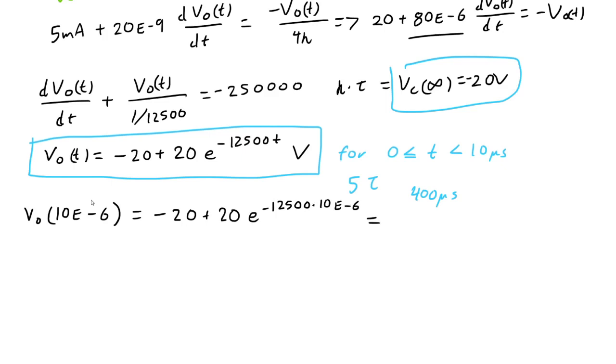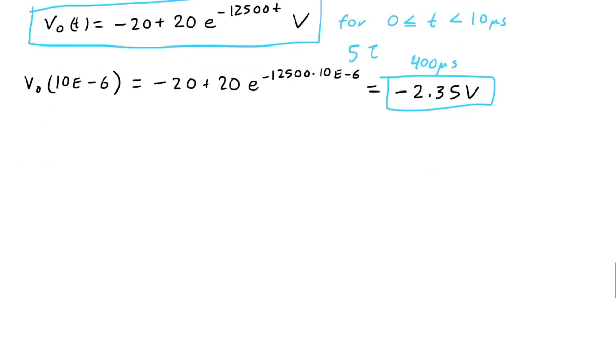So VO at 10 microseconds is going to be minus 2.35 volts. We're going to keep that in mind for when we cycle the second half of the circuit. And like I said, we don't have very much time, so it didn't charge up very much. So we didn't get close to what our final voltage would have been.